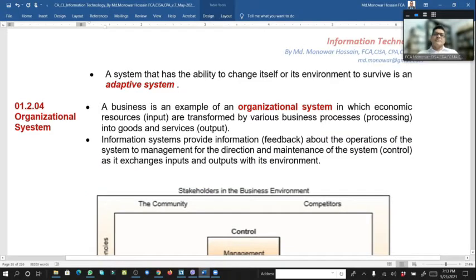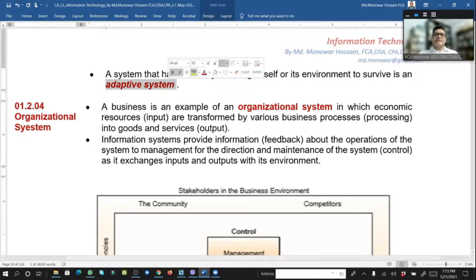A system that has the ability to change itself or its environment to survive is an adaptive system. So here is another system, its name is adaptive system. What is an adaptive system?